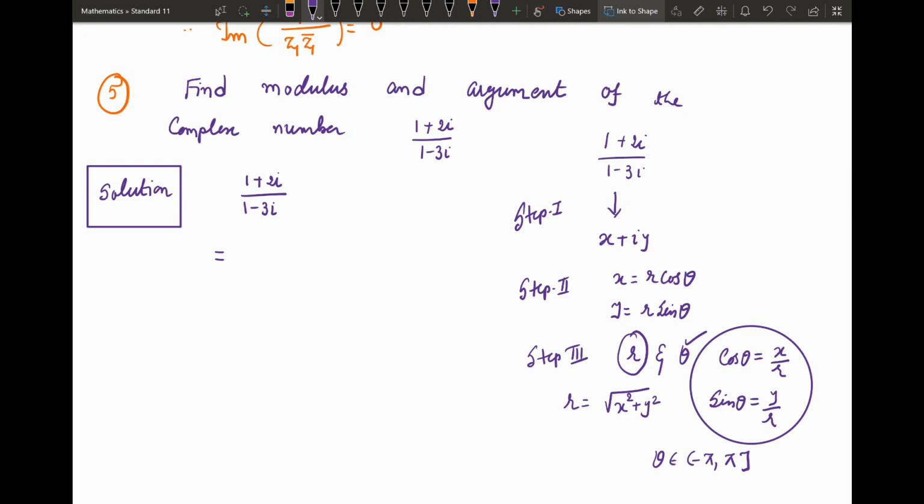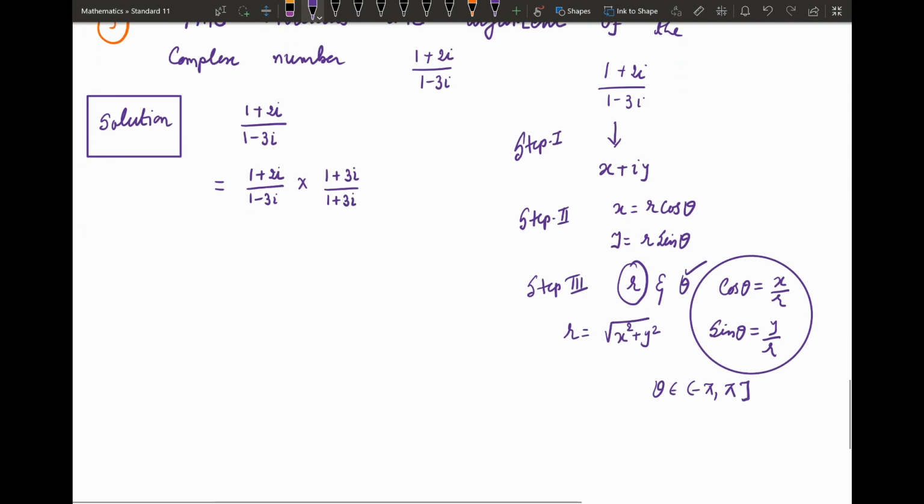So we use the conjugate of the denominator: 1 plus 2i upon 1 minus 3i, multiplied by 1 plus 3i upon 1 plus 3i. So the denominator is 1 minus 9i square.